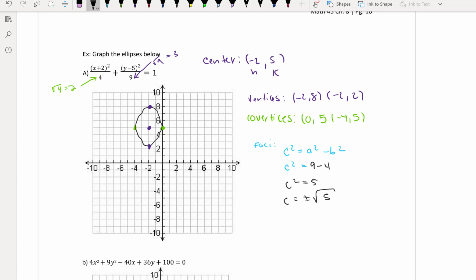And don't forget that the general form of your foci is going to be your h value, and then you're going to have your k plus or minus your c.